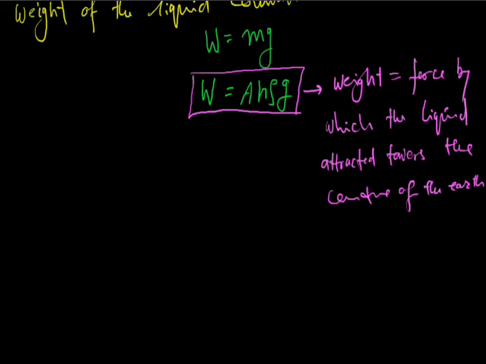So we know that the pressure, where is the force acting? It is on the bottom, because H, the height of the water column, is considered for the bottom. The force due to the total weight of the water is on the surface of the cylinder, and pressure is equal to force upon area.